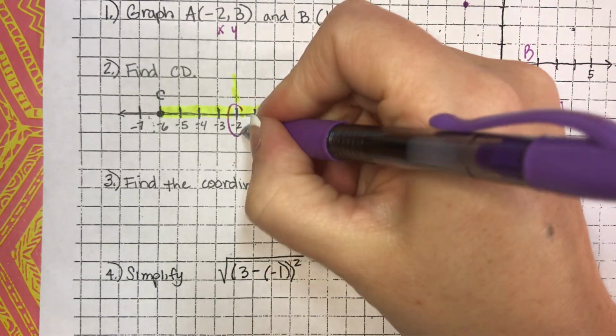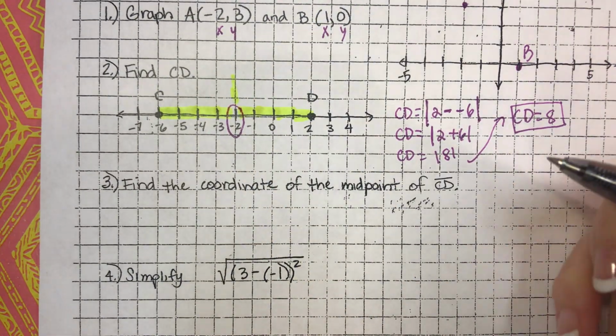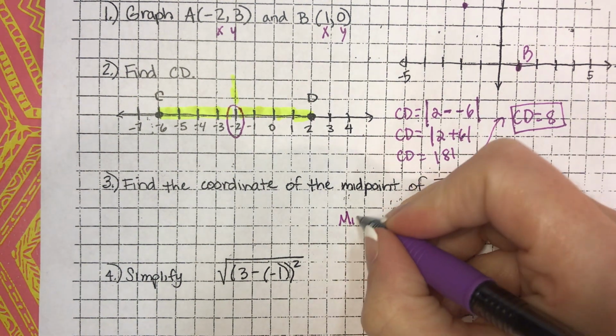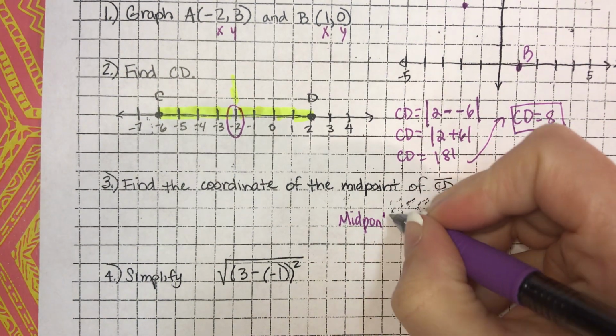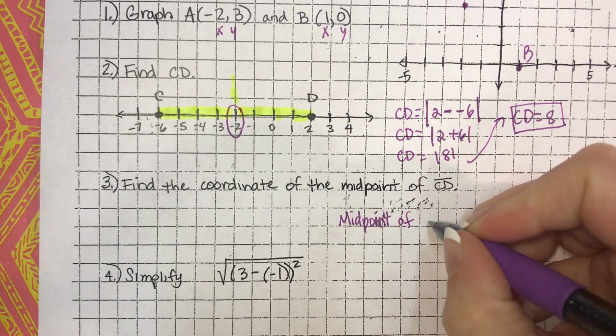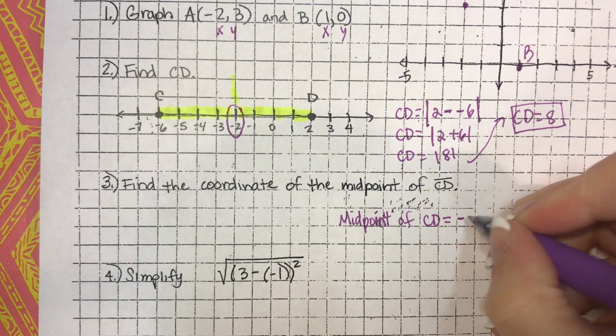So -2 would be the midpoint. The midpoint of CD is equal to -2.